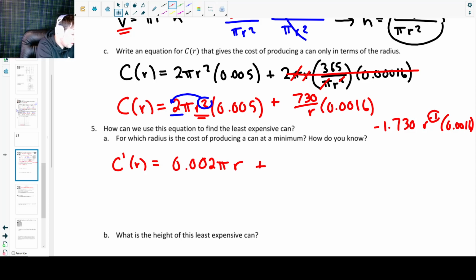So -1 times 730 times 0.0016. Cool. And I get a negative value, obviously. So go ahead and write that as a negative value, minus 1.168. And now that'll be r to the negative 2 power, or divided by r squared, however you prefer to write that.